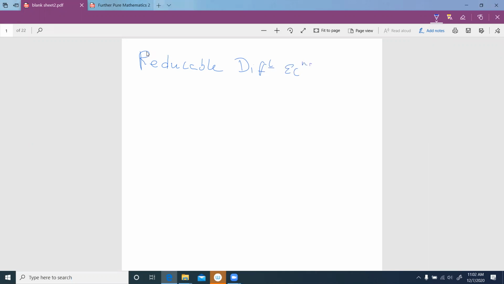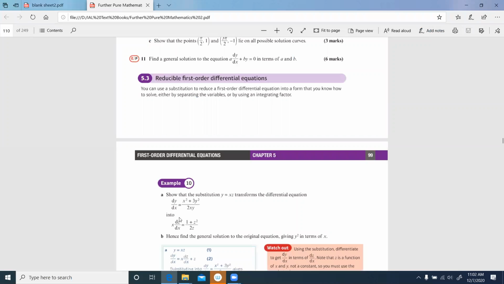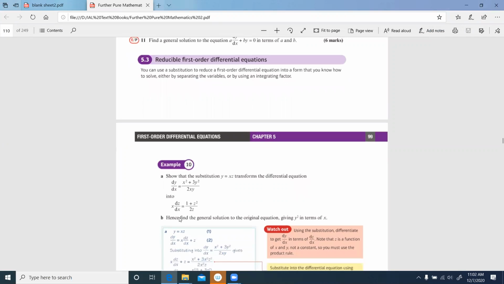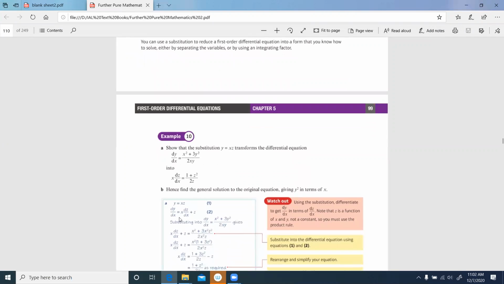When you come up with this kind of situation, what you need to do is, they give us: show that the substitution y equals xz for dy by dx can be reduced into this format. That is the section where we need to understand in this question.